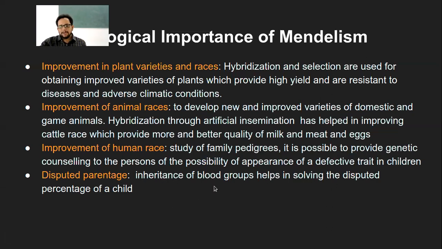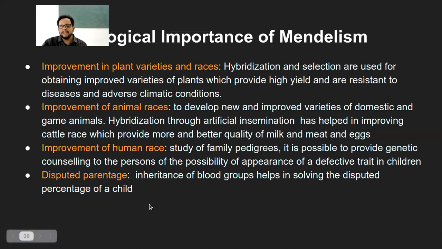Then disputed paternity. The inheritance of blood groups helps in solving the disputed paternity of a child. There are so many blood group issues with respect to compatibility with each other, and blood group is genetically determined. So that issue can also be sorted if we know the genotype of the two individuals who are producing a child.